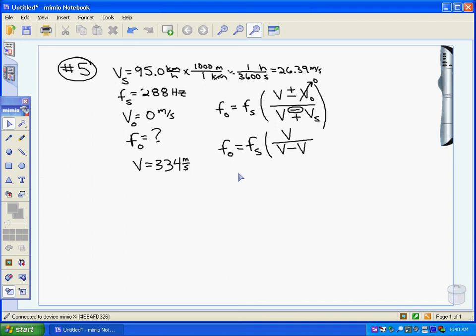So plugging in our numbers, frequency of the observer is going to be equal to 288 hertz, which is the frequency of the source, times V, which is the standard speed of sound in air for this day, given on the worksheet, 334 meters per second, over 334 meters per second minus the velocity of the source, which is 26.39 meters per second.